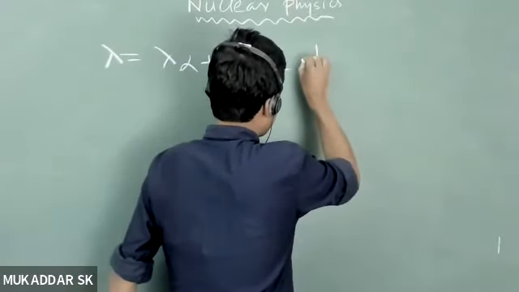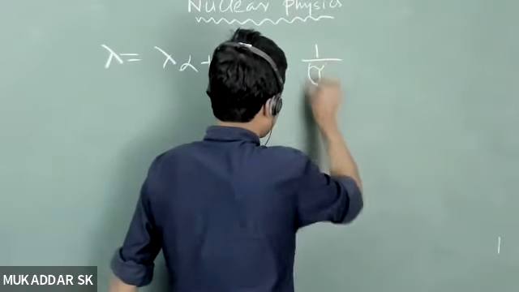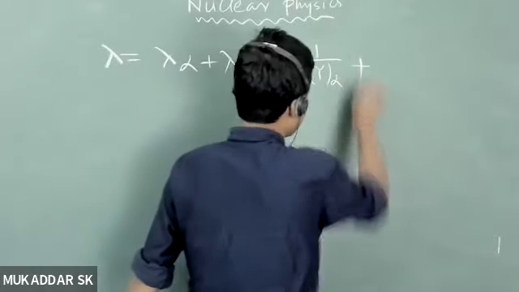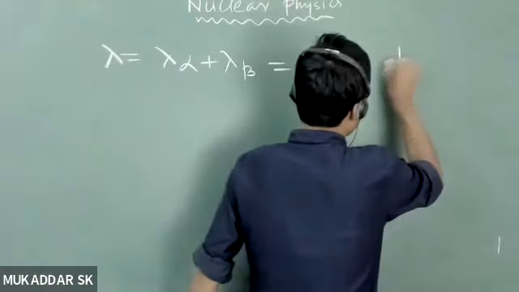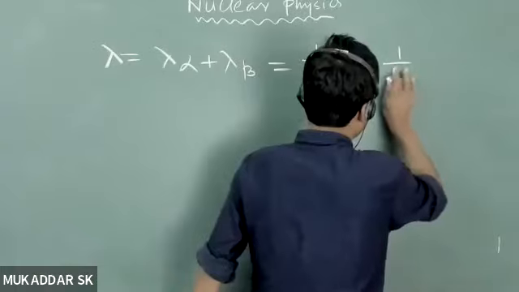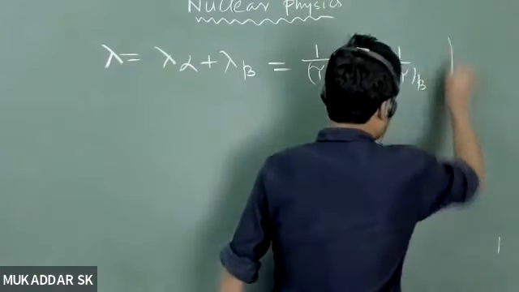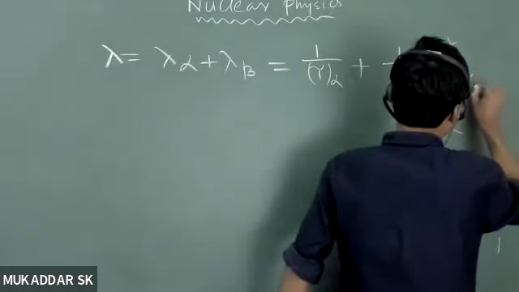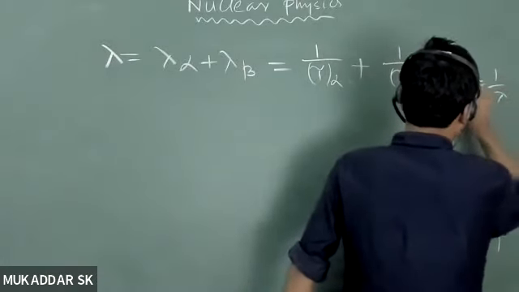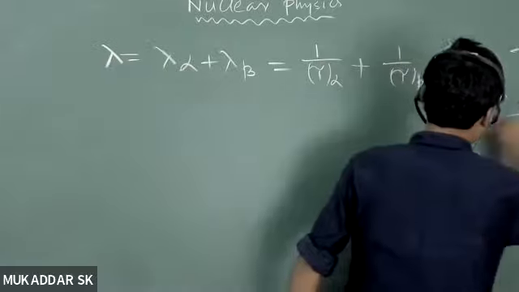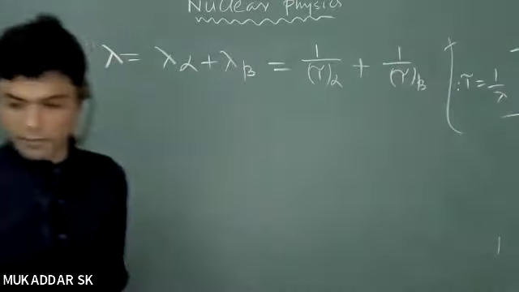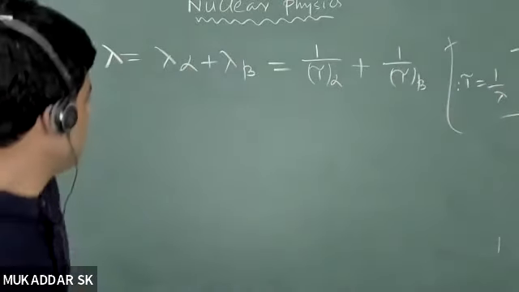In place of lambda alpha, I can write the mean life of alpha particle, and in place of lambda beta, I can write mean life in beta decay. Why? Because you have derived that mean life is nothing but 1 by lambda, and that is given.